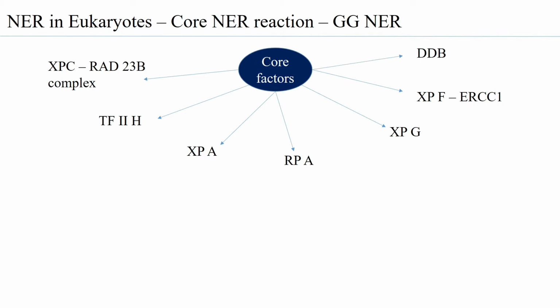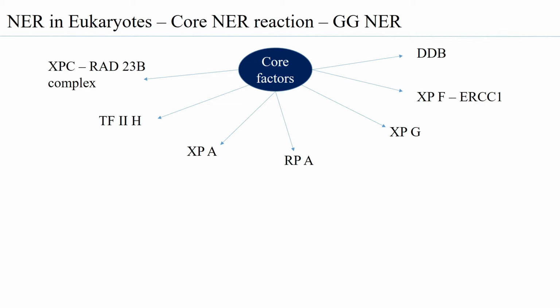Now, in many of the eukaryotic systems, there is presence of what are called DNA damage binding proteins. These DNA damage binding proteins are able to recognize very specific adducts or DNA lesions.